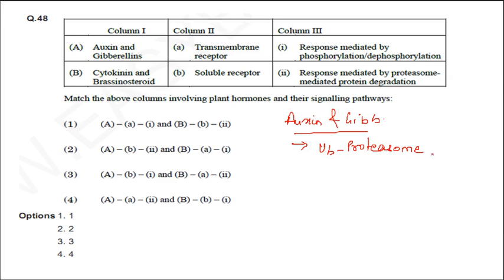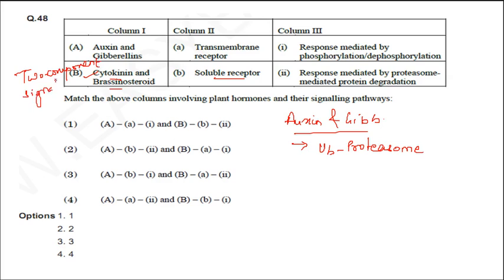Okay, and auxin binds to the transmembrane receptor. I'm sorry, it is gibberellin that has a soluble receptor. And cytokinin and brassinosteroid. Cytokinin, if you remember, follows the two component signaling pathway, like it is seen in bacterial quorum sensing.